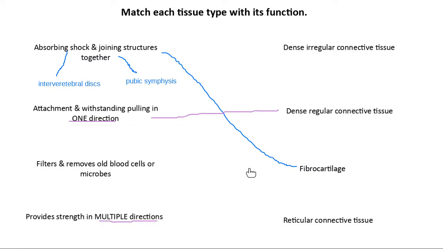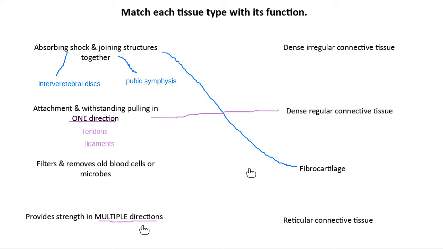This is what we're going to find in things called tendons, which help us to attach a muscle to a bone, or it's also what we find in things called ligaments, which is what we use to connect two bones to each other. So tendons and ligaments, the two places where you find dense regular connective tissue, where all of the proteins go in the same direction, making you really strong that way.